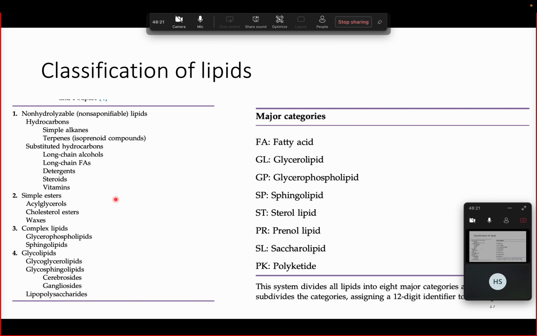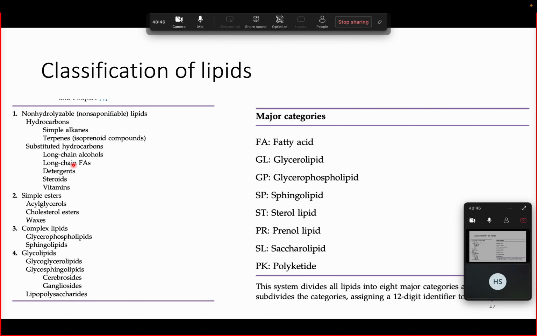If we look at major categories of lipids, we can categorize them into around 8 major categories. FA means fatty acid, as you can see here. GL means glycerolipids. GP means glycerophospholipid. SP means sphingolipid. ST means sterol lipids.